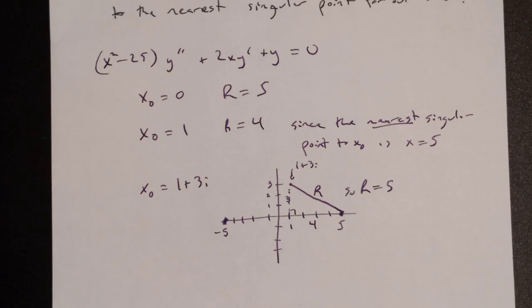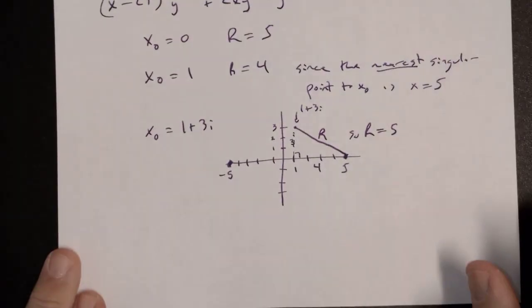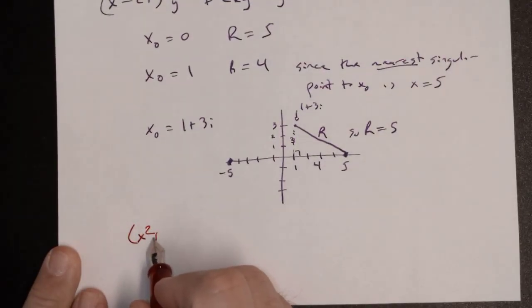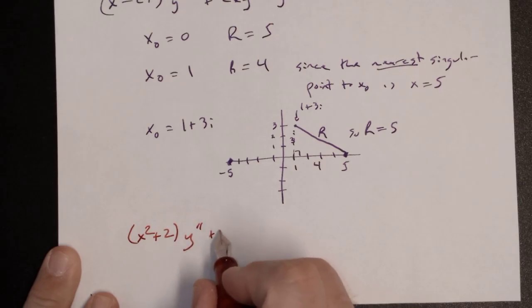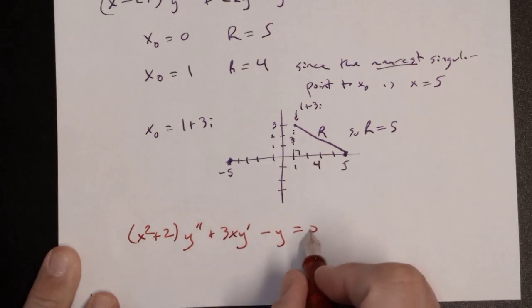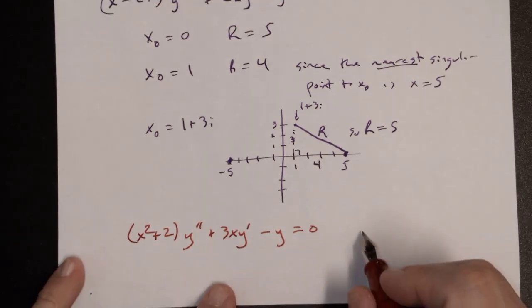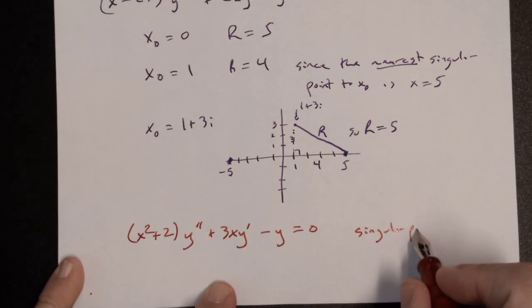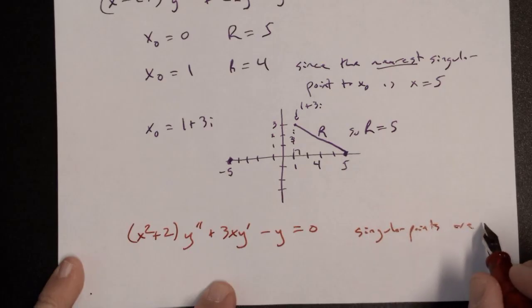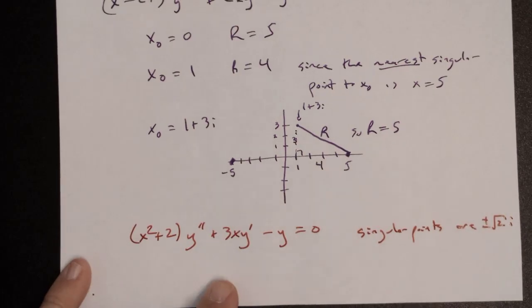More often, I'll see something the other way around, where my singular points are complex. Here, the singular points are plus or minus root 2 times i. But if I'm looking at an ordinary point, I might look at 1, I might look at 3, I might look at 0. I want to know the radius of convergence.